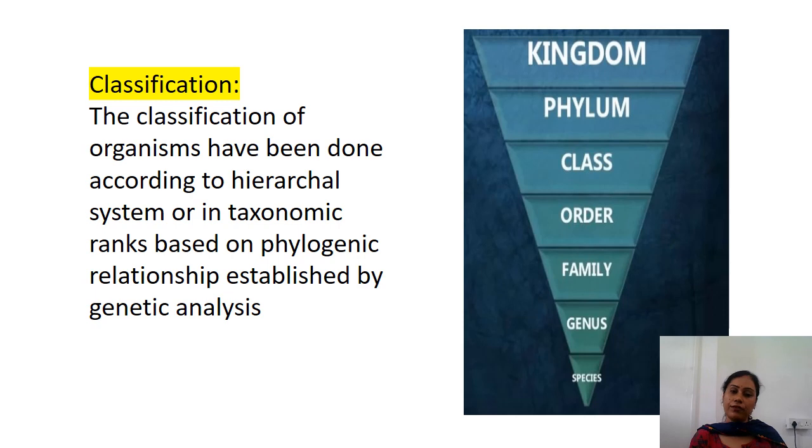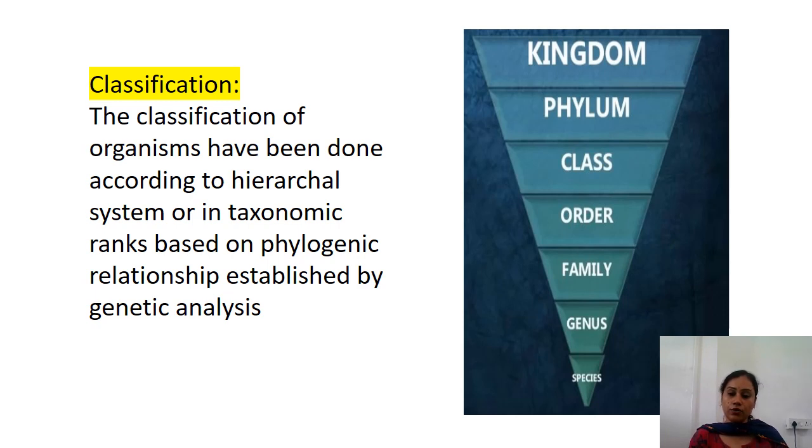Classification has a very important role in taxonomy because it makes ranks in different organisms. The classification of organisms has been done according to the hierarchical system or taxonomic rank. So what are the taxonomic ranks? In taxonomy, different kinds of ranks are there depending on the genetic structure of organisms, that is kingdom, phylum, class, order, family, genus, species.